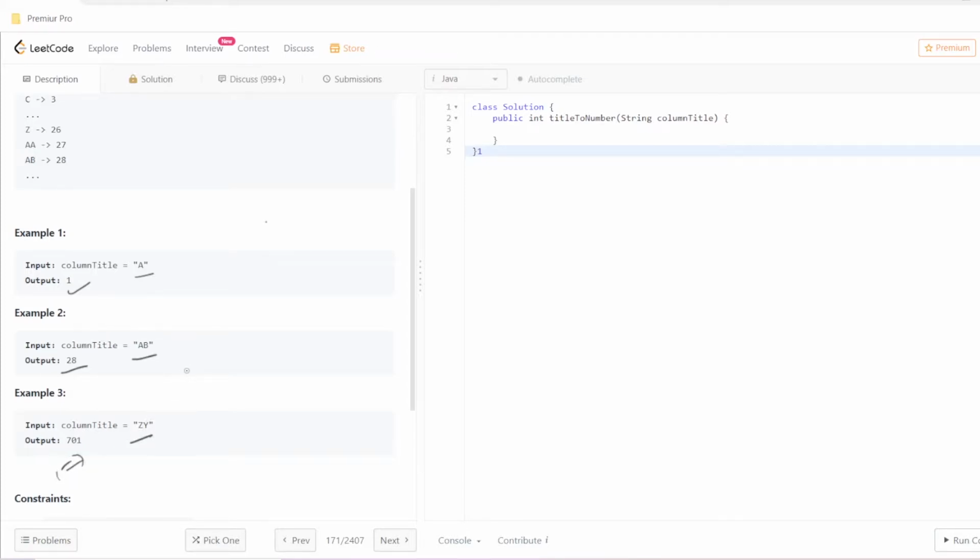So let's see the idea behind the solution, how we are going to approach it. We are given that A is 1, B is 2, C is 3, similarly till Z is 26. Then AA represents 27, AB represents 28, AC represents 29, and AD represents 30.